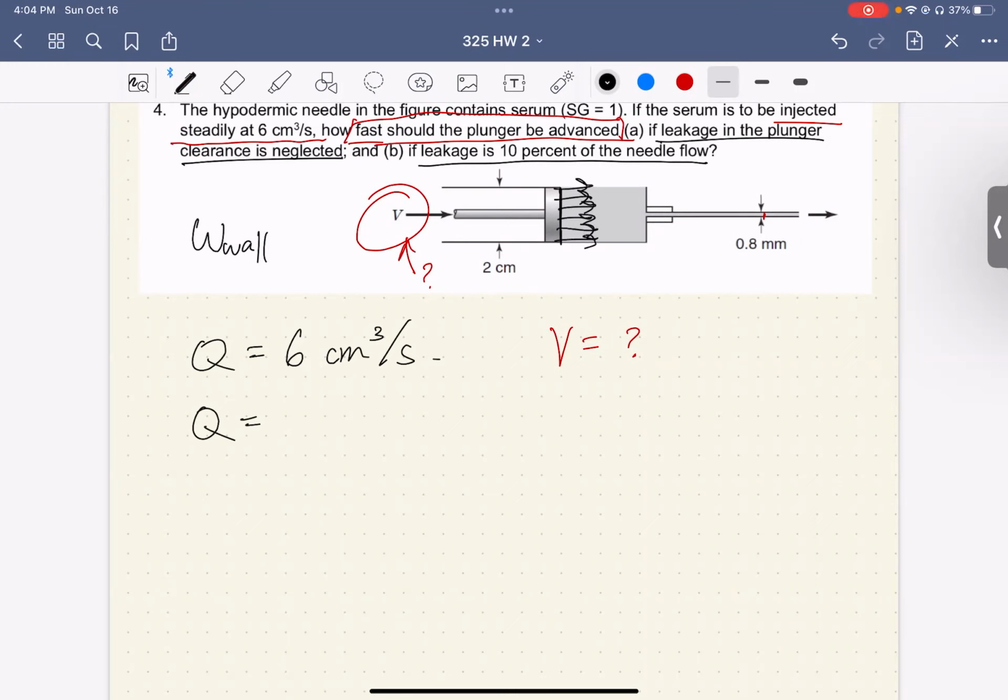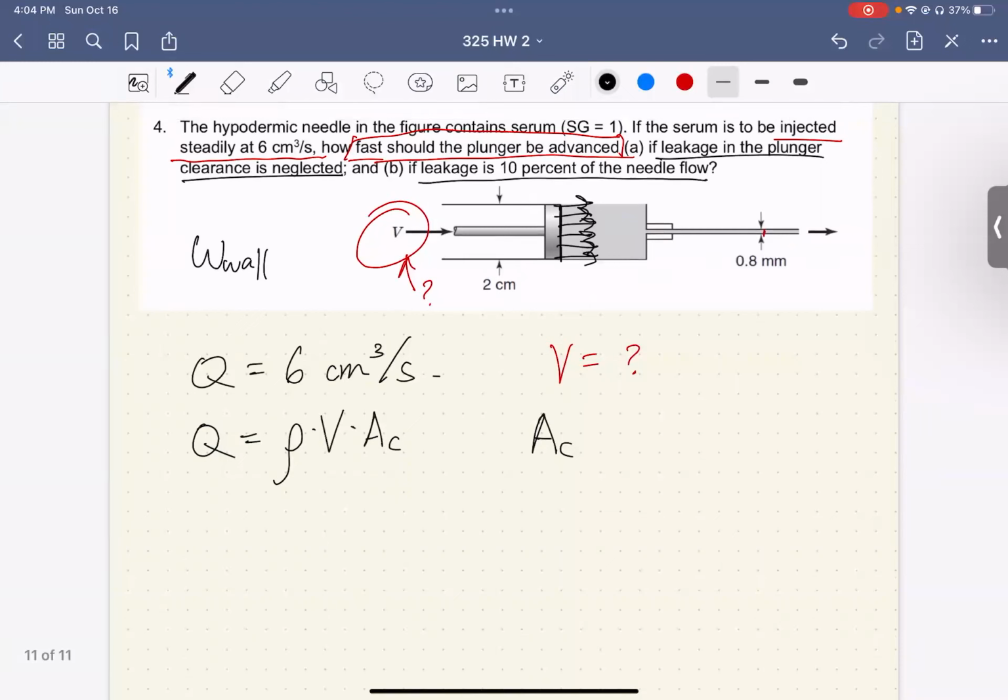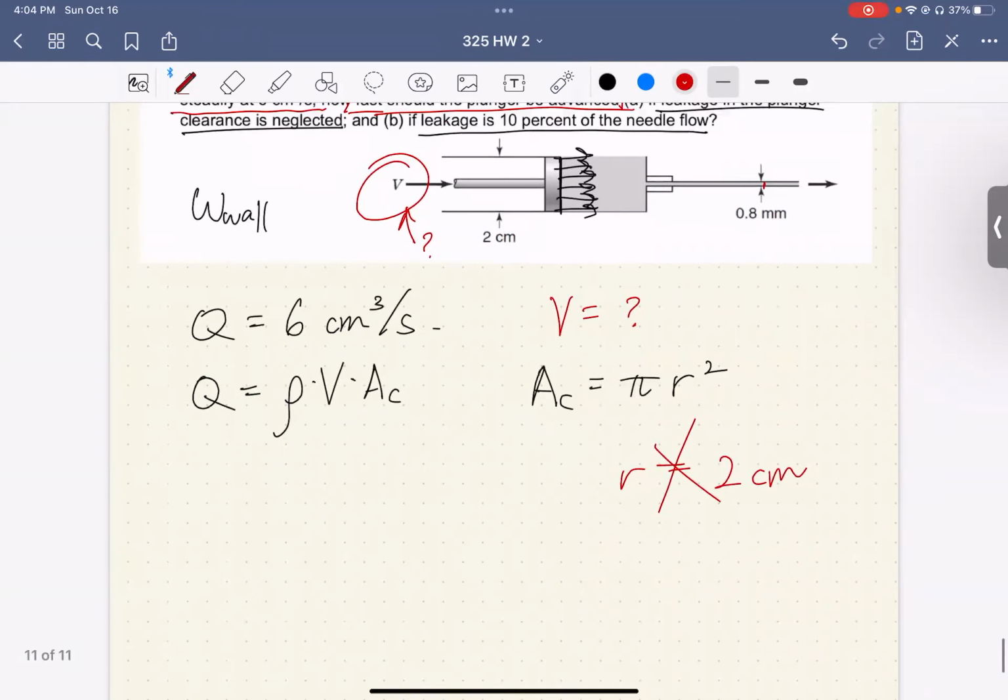We have our rho, then we have our V that we're trying to find, times cross-sectional area. Well, what is our cross-sectional area? Luckily, we know that our needle syringes are cylinders. So great, it's just pi r squared. And one thing to note is r is not equal to 2 centimeters. It is actually equal to 1 centimeter. 2 centimeters is the diameter. So please keep that in mind.